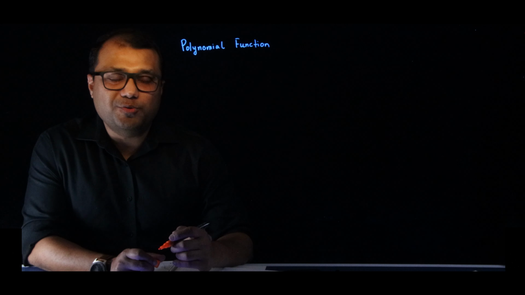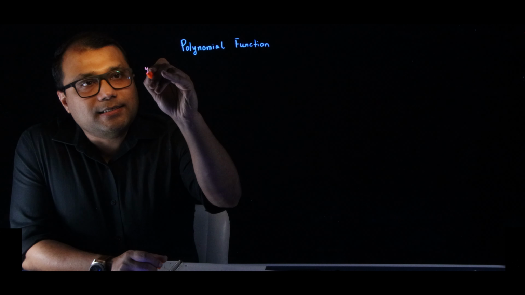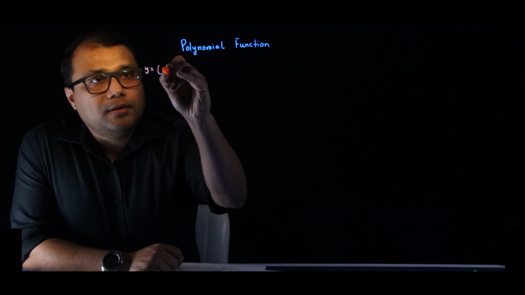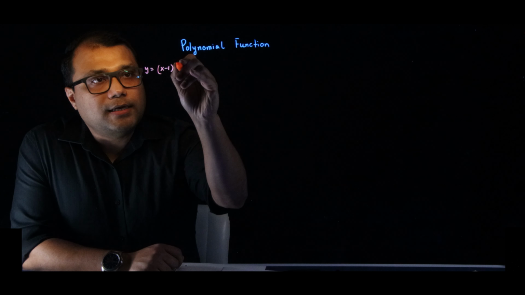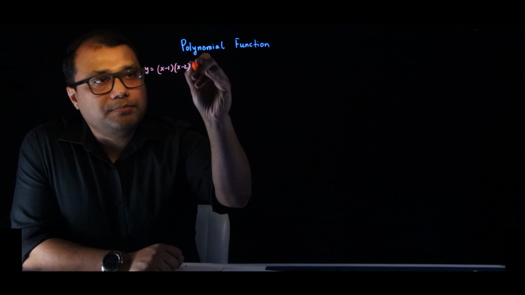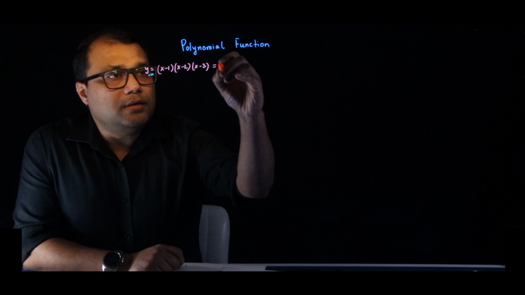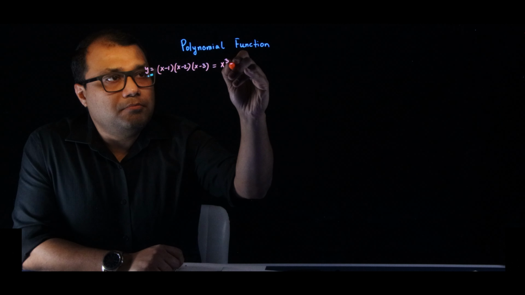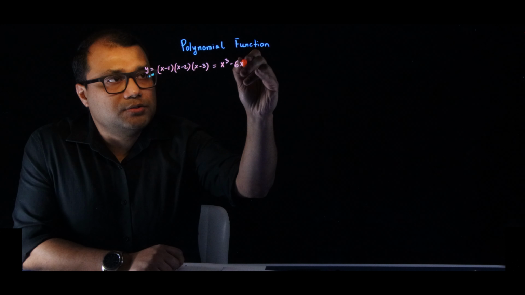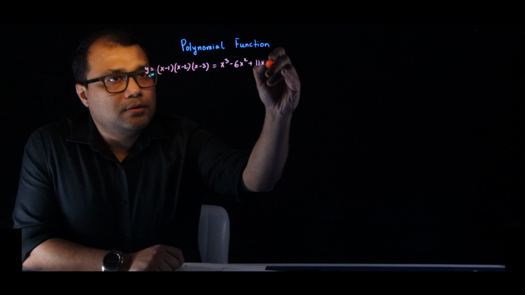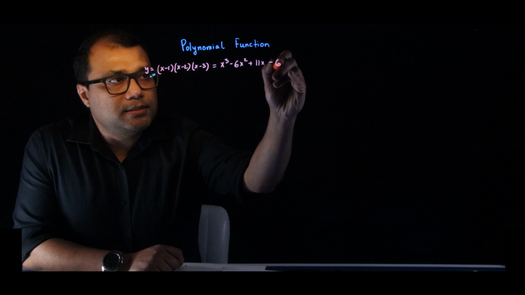Now let's move on to cubic polynomials. Let's take an example. Let's say y equals (x minus 1) times (x minus 2) times (x minus 3). If we expand this, it is x cubed minus 6x squared plus 11x minus 6.